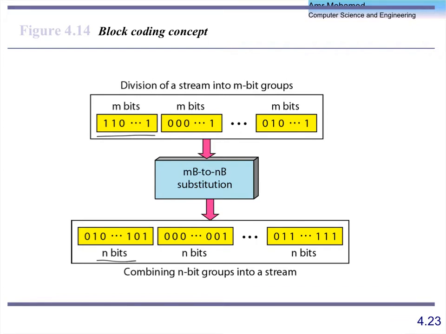What we have essentially done is that because we can map M bits into N bits such that N is more than M, what does that mean? This means that by doing that, we have increased the degrees of freedom, right? Because if you have, for example, 4 bits, how many combinations do you have in 4 bits? 16, right?